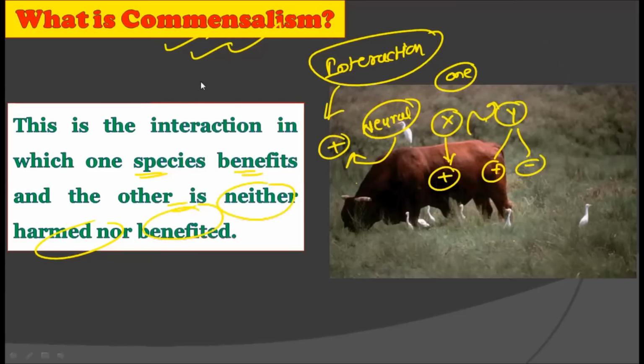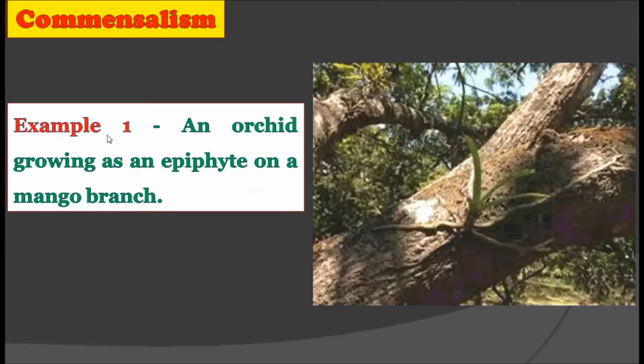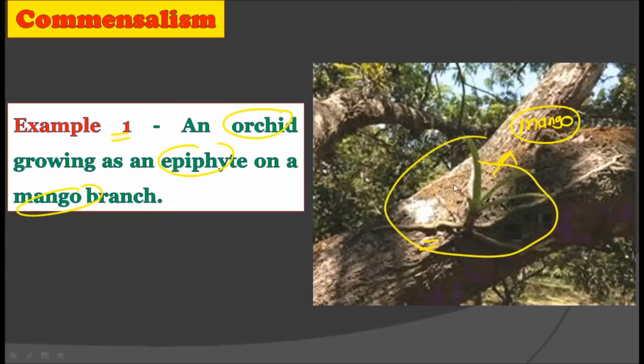Now there are various examples of commensalism which can be commonly found in the ecosystem. Let us consider them one by one. The very first example is an orchid growing as an epiphyte on a mango branch. You can observe in this picture an orchid plant living on one of the branches of the mango tree. If you carefully observe this interaction, you will find that the orchid gets the benefit of sunlight, and it is also away from herbivores.